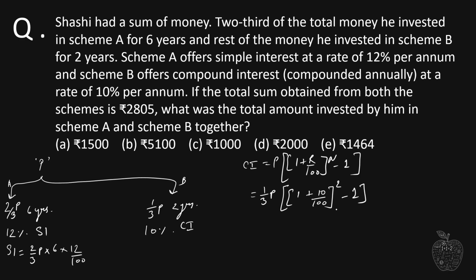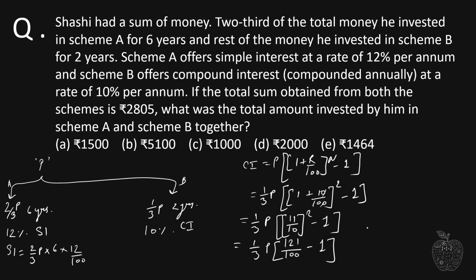So 1/3 P, we take LCM as 100, 10 plus 1 is 11, and whole square, minus 1. 11 11s are 121 over 100 minus 1.